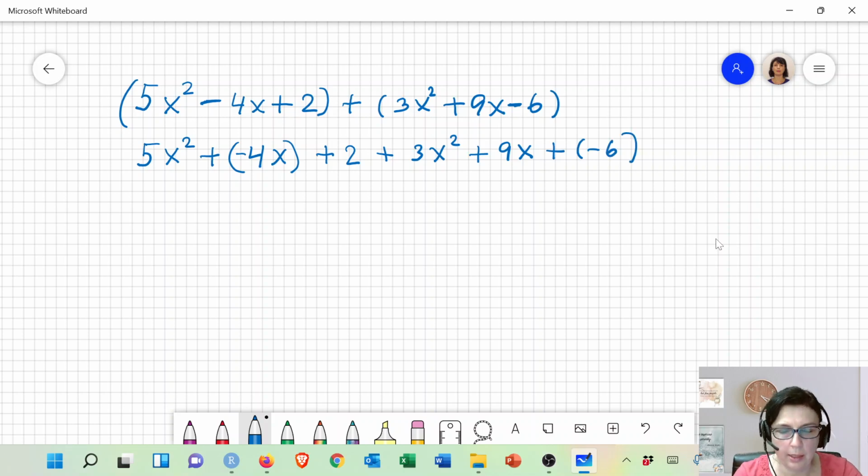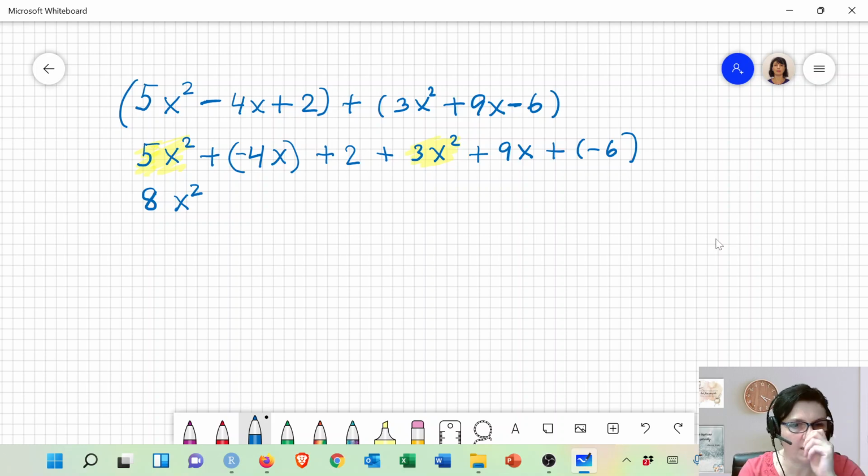The next thing is to combine like terms. So what you're looking at is the numbers next to the x squared. So these are all your like terms, 5x squared and 3x squared, and you are adding them up. So imagine there is no x squared. What is 5 plus 3? You can do that on a calculator or in your head. 5 plus 3 is 8. So then you get 8x squared.